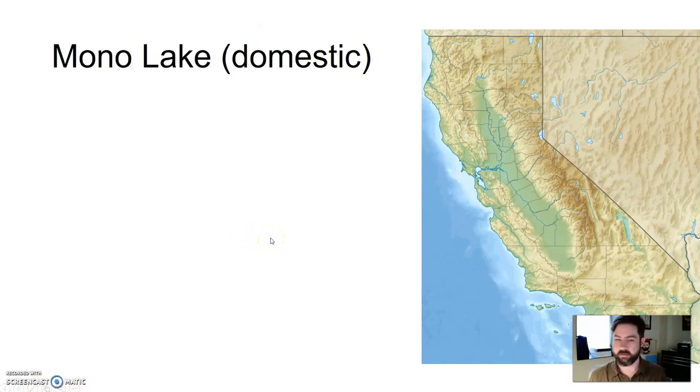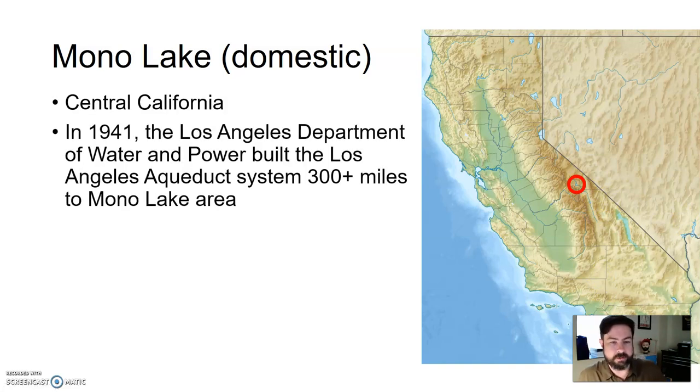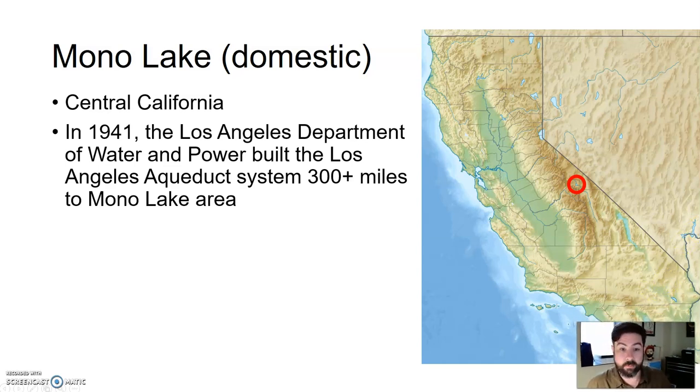A good example of using water very unwisely is a place called Mono Lake. It's that little lake right in the middle there in California. Right in Central California, in 1941, the city of Los Angeles Water and Power Department built the Los Angeles Aqueduct, a 300-mile pipeline from Mono Lake to Los Angeles, which, I don't know if you know this, is way down here.